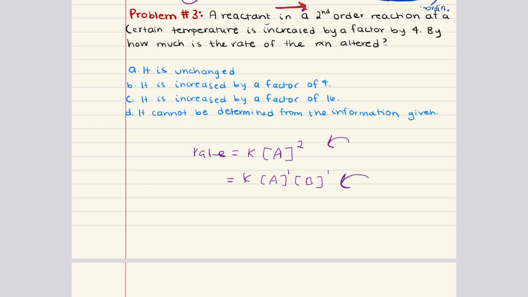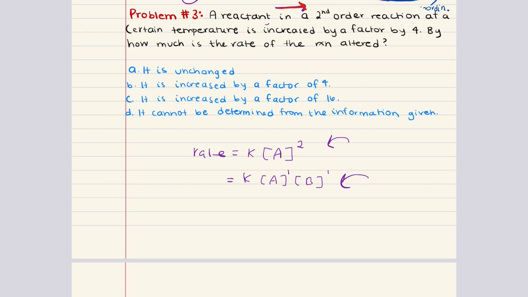We just have a reactant in this second order reaction, and we want to increase it by a factor of 4. All right? We cannot say how that alters the rate of the reaction, because we do not know if the reactant is second order or if it is first order, and that there is another reactant that is also first order, resulting in a second order reaction.